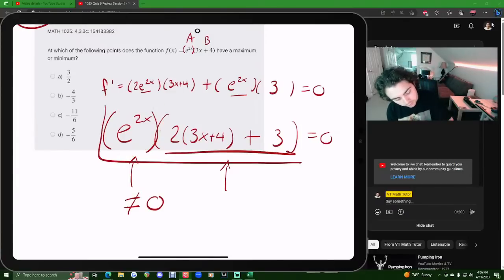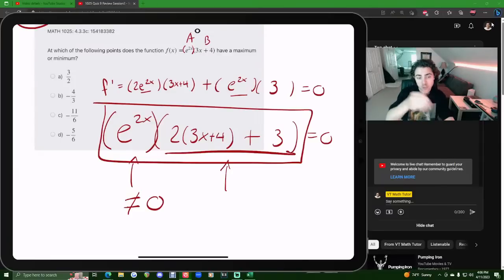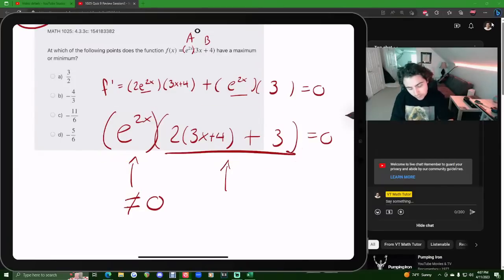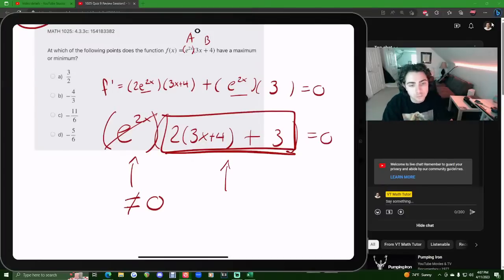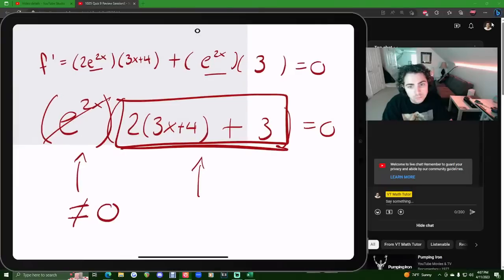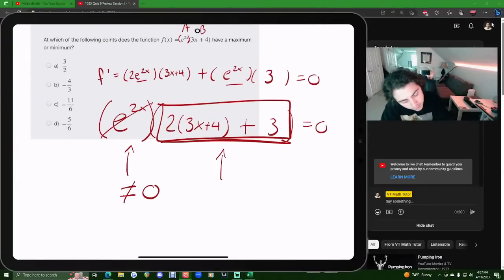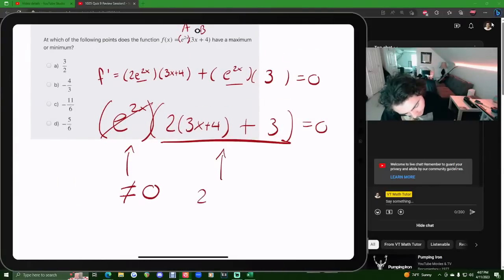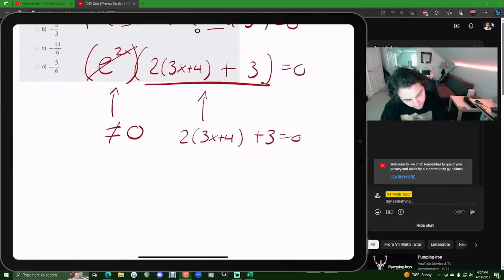if f prime is ever going to equal 0, it's not going to be because of the e to the 2x. It's going to be because of this right factor, the 2 times 3x plus 4 plus 3. So what we're going to do is set that equal to 0 and solve for x using algebra. So we just set this stuff equal to 0 and solve for x.